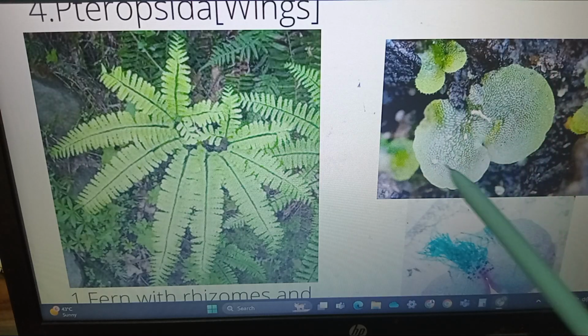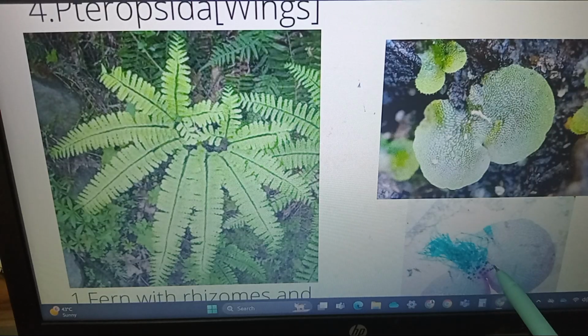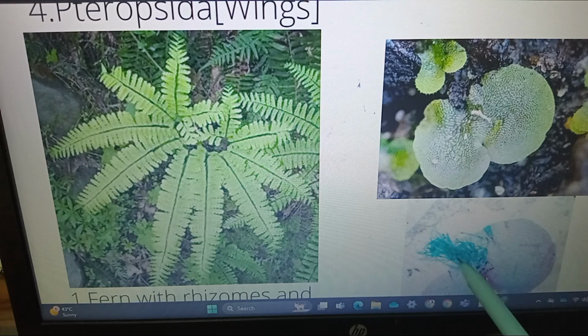This gametophyte will produce the antheridium and archegonium. The antheridium will produce the antherozoids, the archegonium will produce the egg. They will undergo fertilization, the zygote formation. The zygote will make this sporophyte.